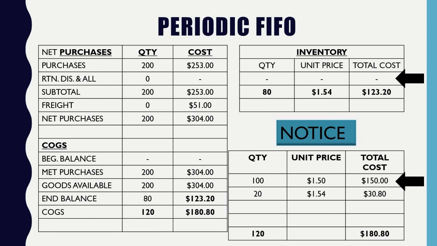How do we know that? It's because somebody went down to the basement and said that we only have 80 left. And we know for a fact we purchased a total of 200 items. If we bought 200 items and you only have 80 left, how many items did you sell?